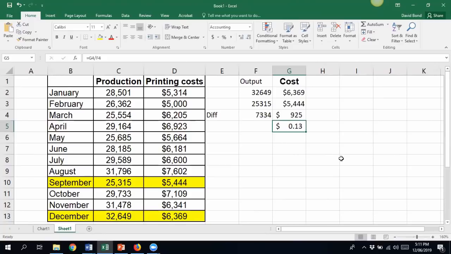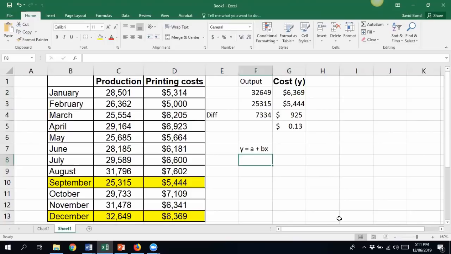For the purposes of this right now, I'm going to use the exact number. So I'm not going to round it off to 13 cents. Sorry, yeah, round it off to 13 cents. So what we then do is we feed back into this y equals a plus bx. We know what y is, y being total cost, and I select one of these costs because that's y.